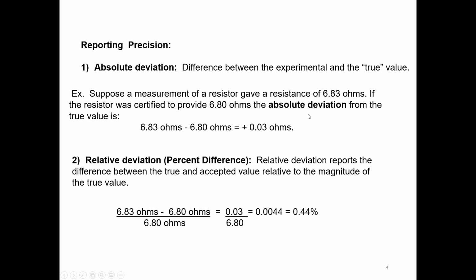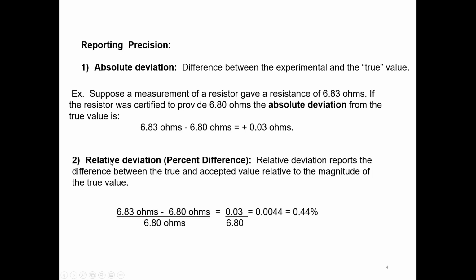Then the absolute deviation will be the difference between these two, the measurement and the certified result, which should be the true value. So that gives us 0.03 ohms. So that has a unit, and that's the absolute difference between these two.